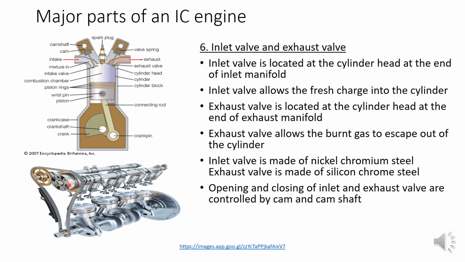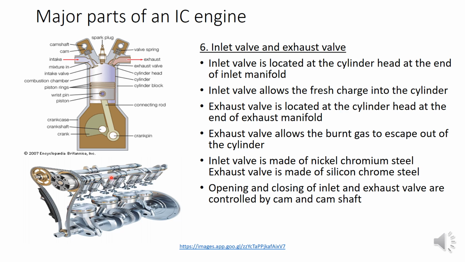Another thing is they are connected to the crankshaft. Some connection should be there between the valve and crank, because at a particular position of the crank we want to open one valve, and in another position of the crank we require to close that valve. So therefore some connection should be there between the camshaft and crankshaft, and that is with the help of the timing gear or chain, etc.